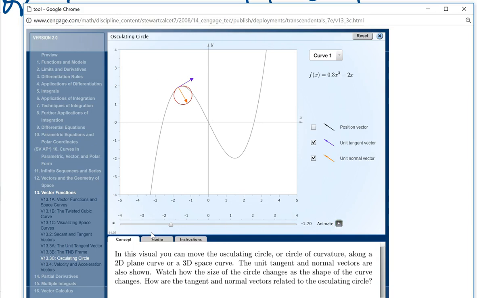As we move along the curve, though, the radius of the osculating circle gets larger because the curve has less curvature. So the less the curvature, the bigger the circle. Why? Well, because the osculating circle approximates the curve the best using circles.